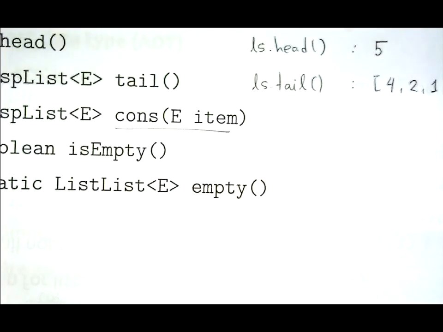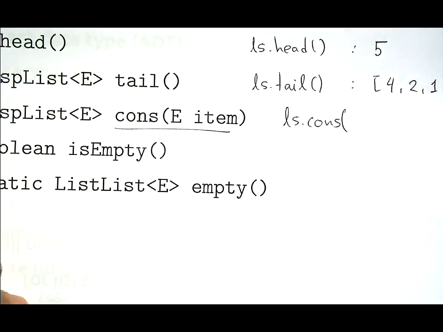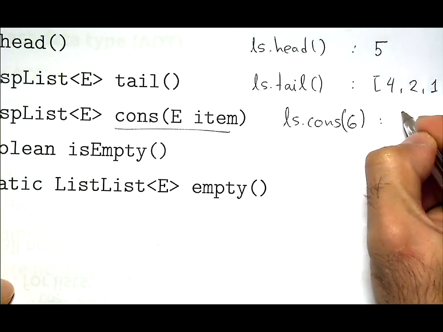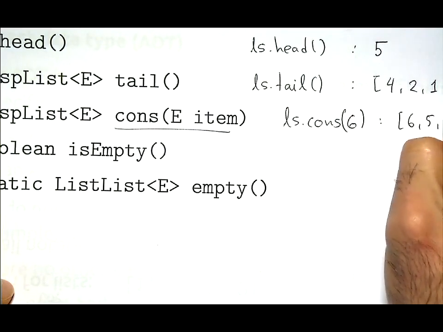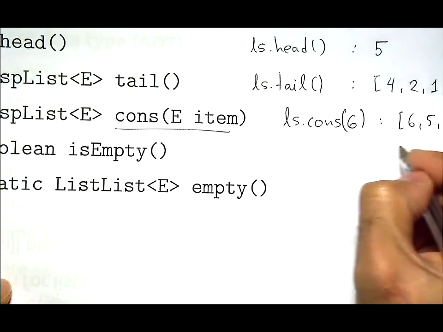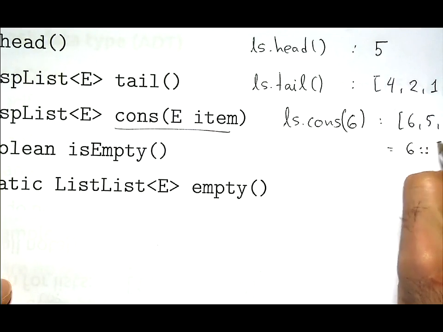Then there is this constructor method, which allows us to attach a new element at the head. So if I say ls.cons(6), then this will return 6, 5, 4, 2, 1, which is the same as saying 6, and then the tail is 5, 4, 2, 1.